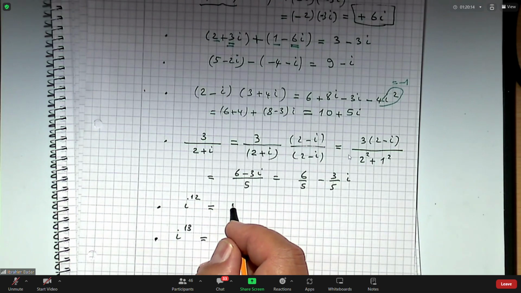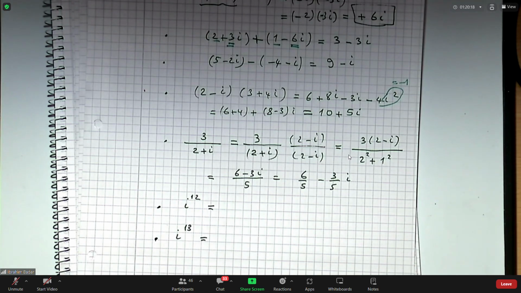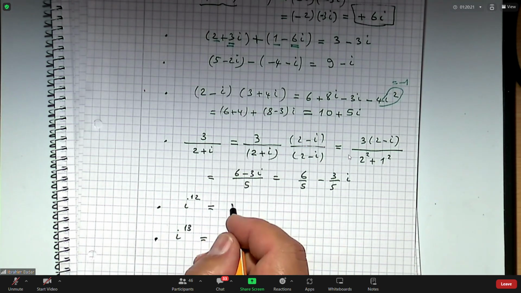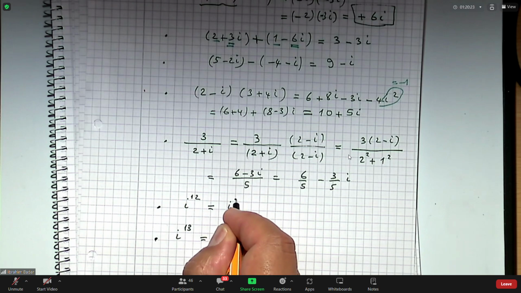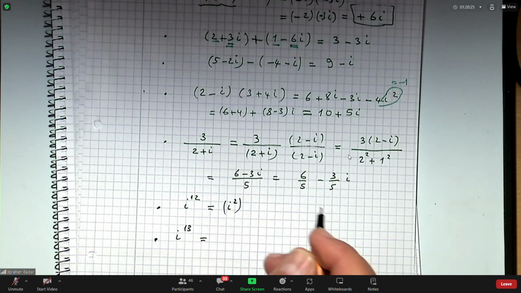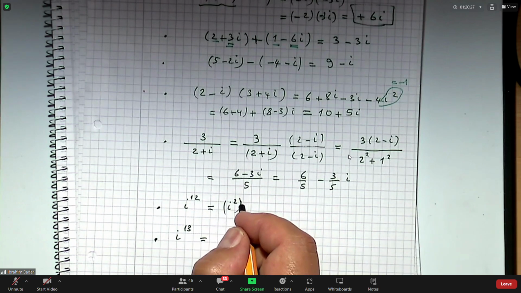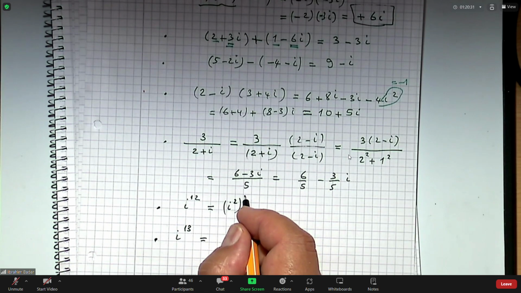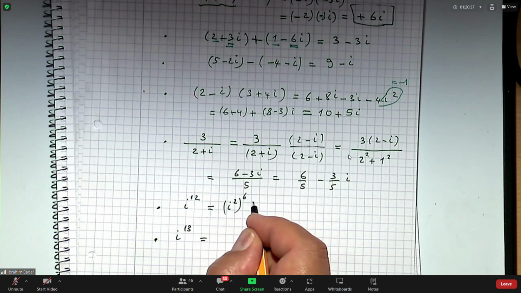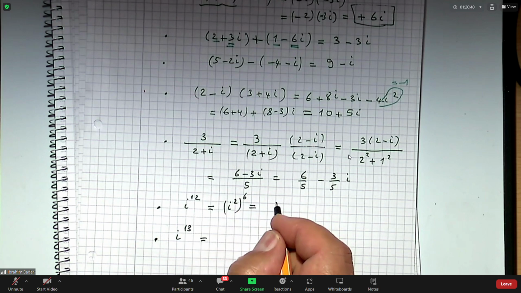So first one here. Now we know i squared, right? So let's try to simplify this using i squared. If I have i squared and use the last rule in the reverse order, I get i squared to the power 6, and this is equal to -1 to the power 6.